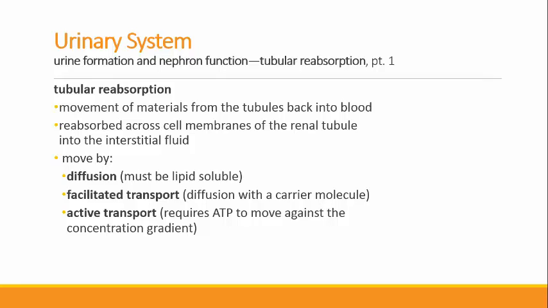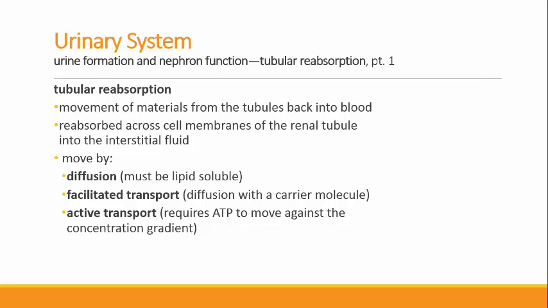Is ATP required? With diffusion, no ATP is required. So lipid-soluble materials just move from regions of high concentration to low concentration because of the concentration gradient, not because we're using any kind of ATP-driven process.